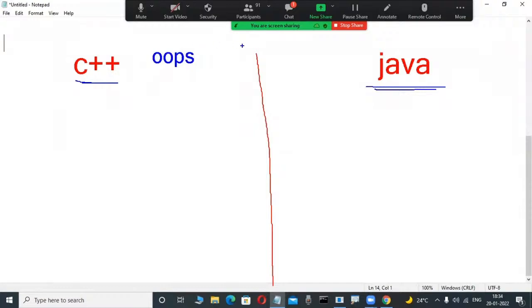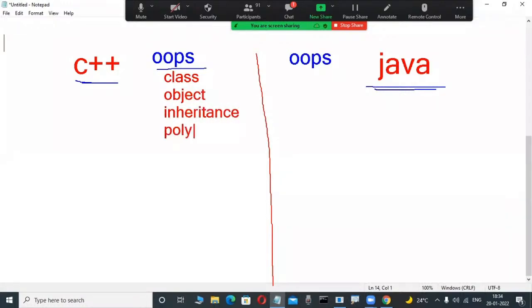Here also OOPS concepts are there. Here also OOPS concepts are there. Maybe some fellows have an idea: class is a concept, object is a concept, inheritance is a concept. Observe here. Polymorphism is a concept. Now check it out.